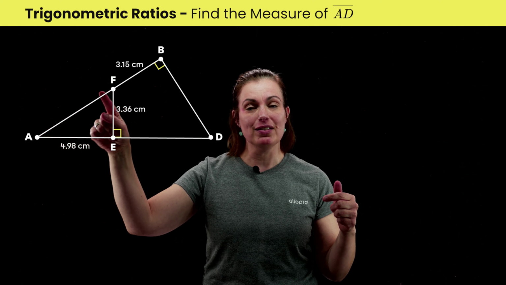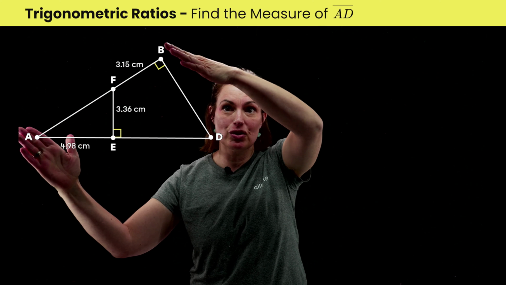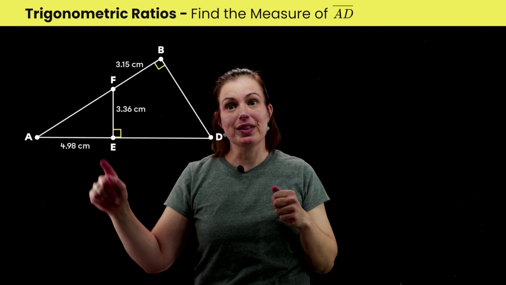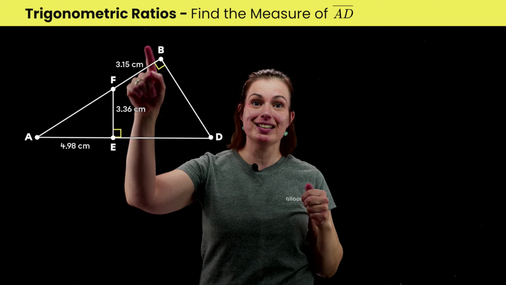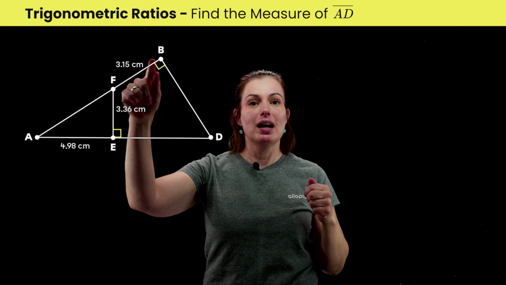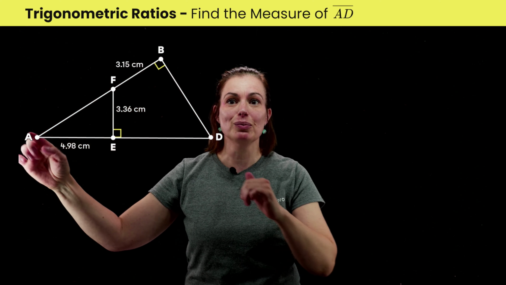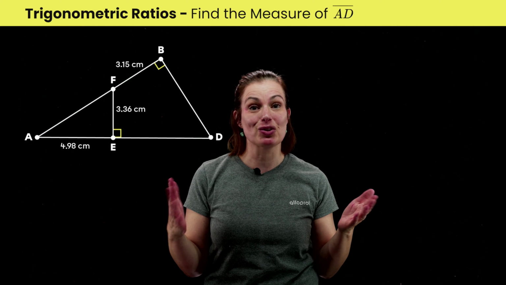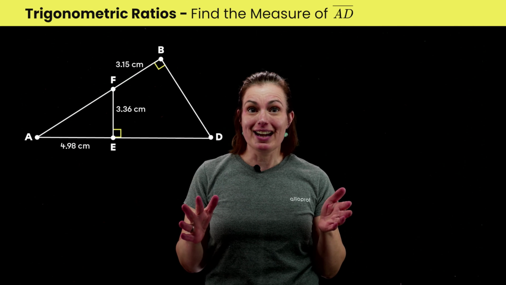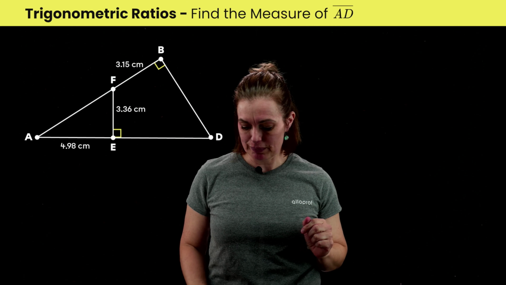Okay, if I have AF, then I can find the entire measure then of AB. So with that shared angle and that entire measure AB, I would then have an angle and a leg on my bigger triangle, which would allow me to go and get that AD measure that I'm looking for. So now that I have a plan, I just need to put it into motion.